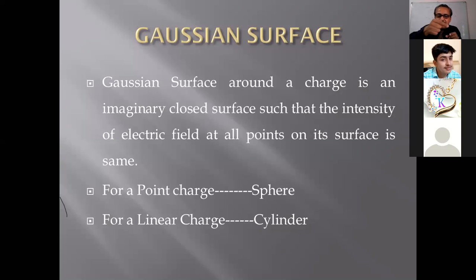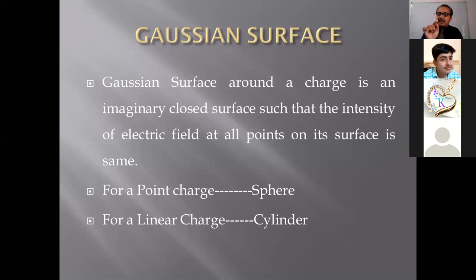Gaussian surface means a very small surface of that given surface, such that the intensity of electric field at all the points is same. So that is called a Gaussian surface. So that entire surface, sphere is a Gaussian surface. Cylinder is a Gaussian surface.